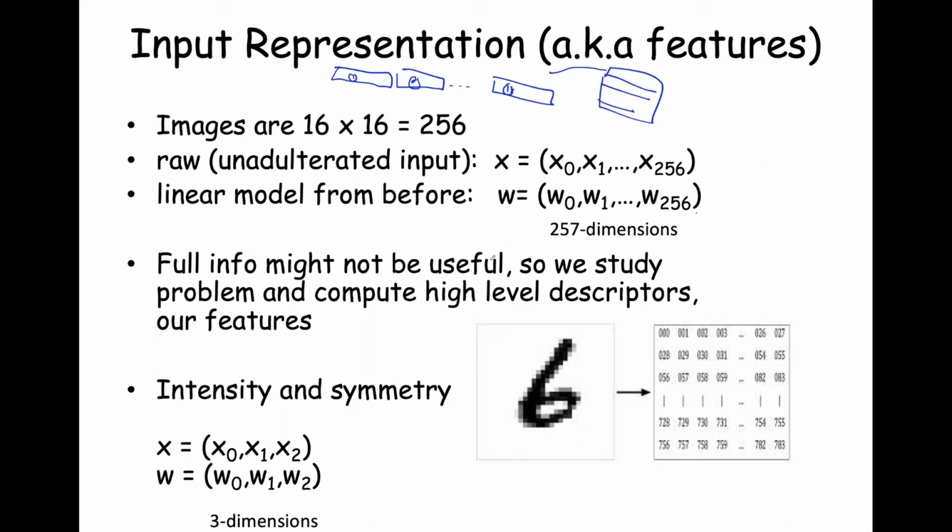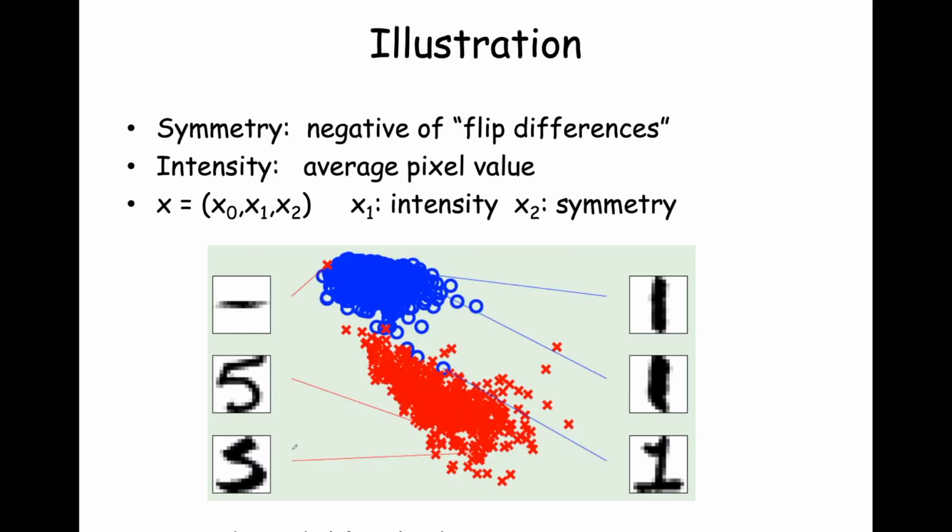Let's call our intensity feature the x1 feature and the symmetry feature the x2 feature. We augment it, and we have a 3-vector for our input and an augmented 3-vector for our weight vector. And so that's very desirable.